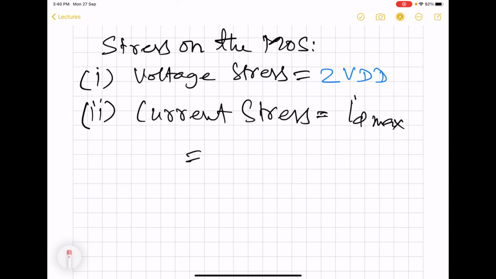So that is going to be the maximum of IH, and this will be equal to the maximum voltage swing divided by the load. So this is going to be 2 VDD by RL.